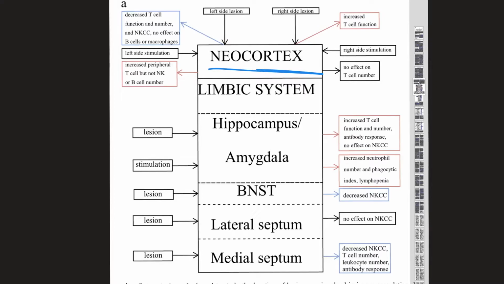Your T cells present antigens to B cells to make antibodies. So you're going to have decreased antibody creation, so decreased Th2 or antibody-mediated immunity.